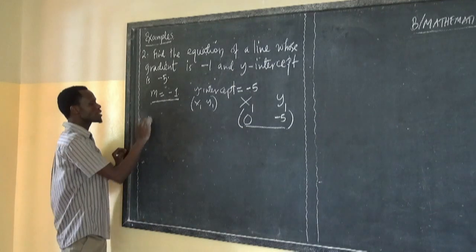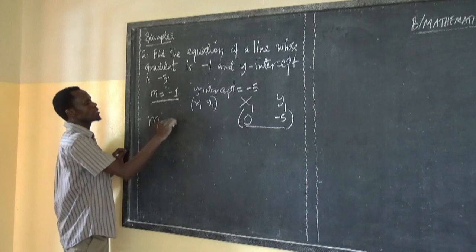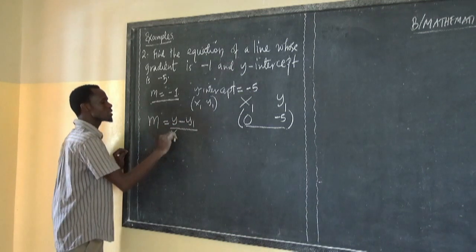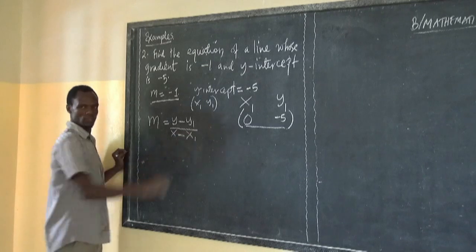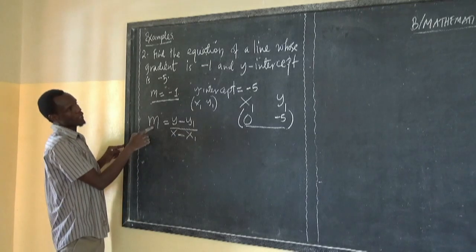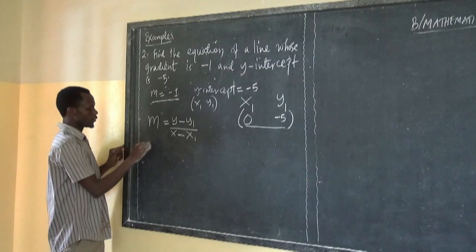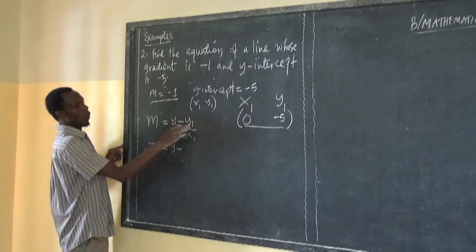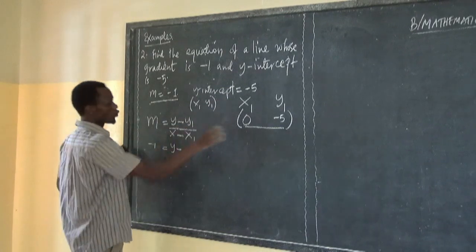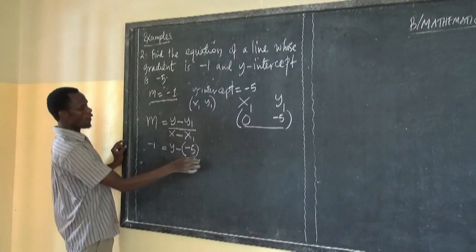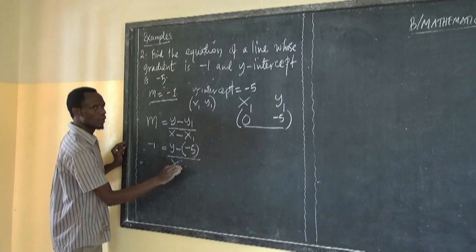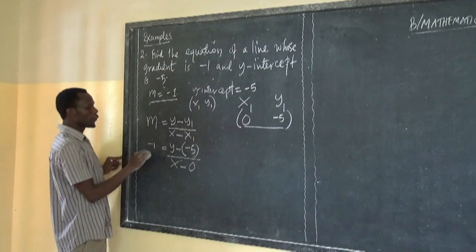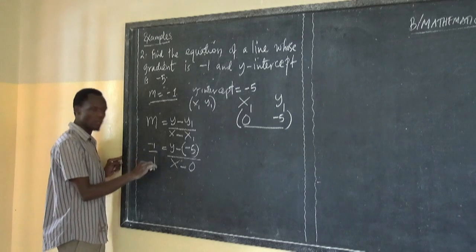Remember, equation is determined by taking m is equal to y minus y1 over x minus x1. But m is equal to negative 1. And then y minus y1 is equal to y minus negative 5, over now x minus x1, x minus 0. Then we put this negative 1 over 1. Why?